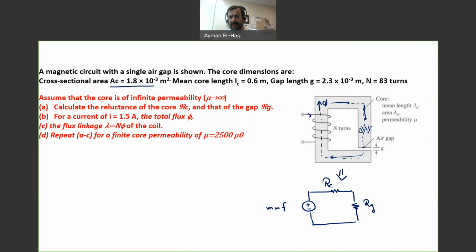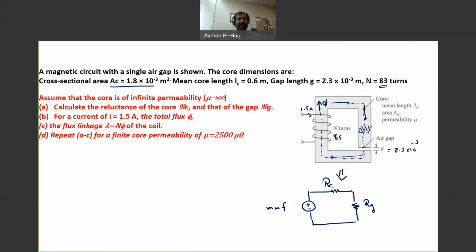This is called the mean core length. We have the air gap length, g, equal to 2.3 times 10 to the minus 3. We know the number of turns is 83, so your N is equal to 83 turns. And we know the current is 1.5 amps.